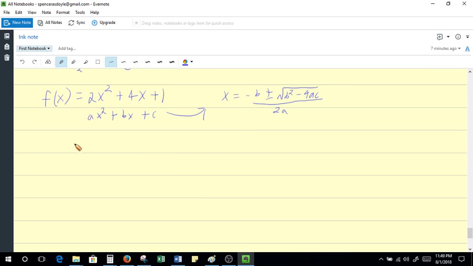So negative 4, because the b is 4 and we take its negative for our first term, plus or minus the square root of b squared, which is going to be 16, minus 4 times a, which is 2, times c, which is 1, all over 2a, a being 2, so 2 times 2 is 4.